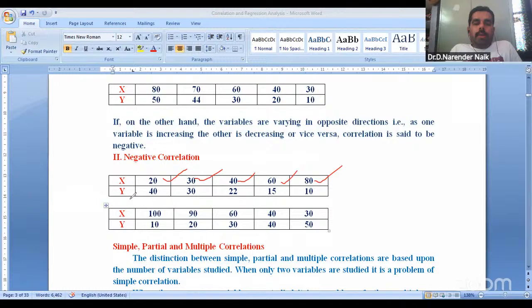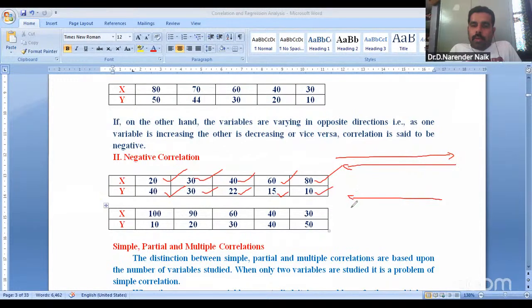They are increasing. Then 40, 30, 22, 15, 10. They are decreasing. So here one is moving towards the right direction and the other is moving towards the left direction. This is negative correlation.